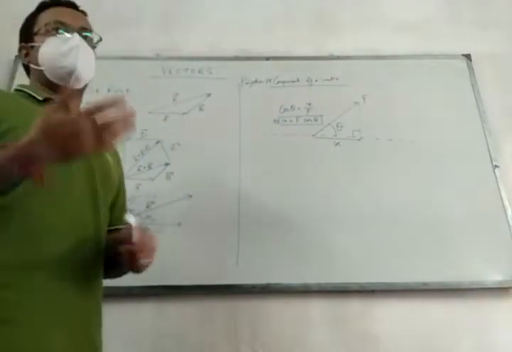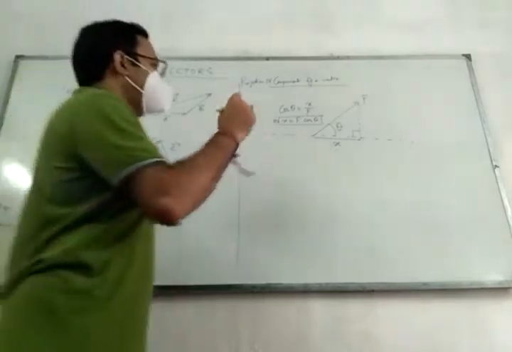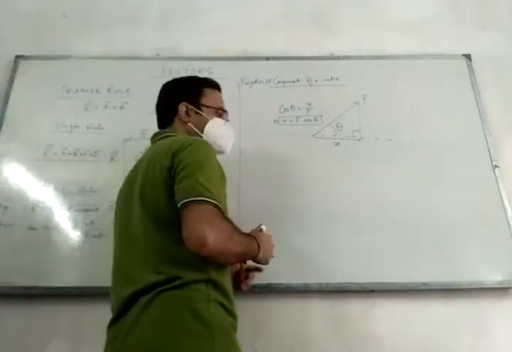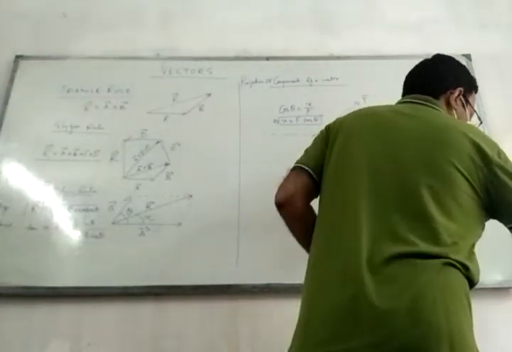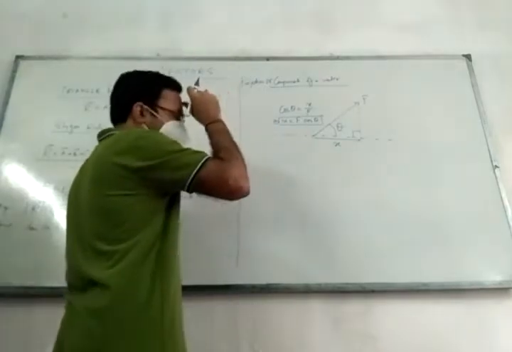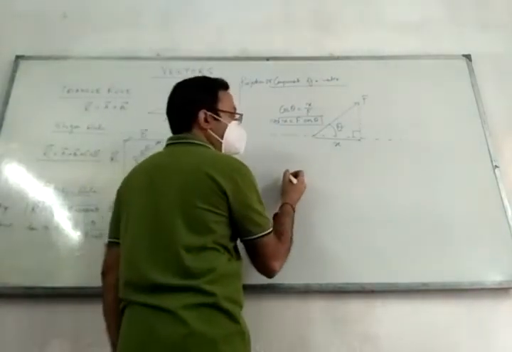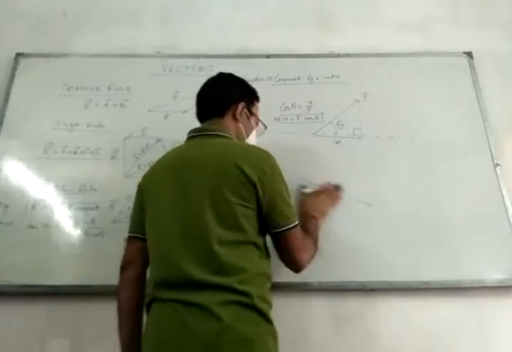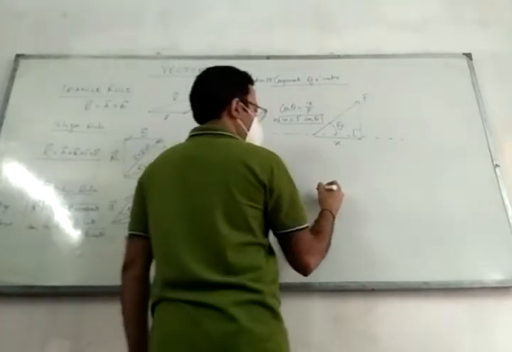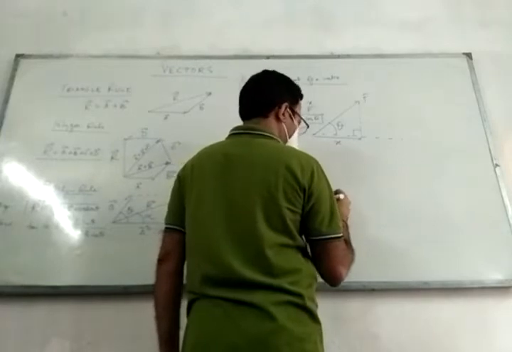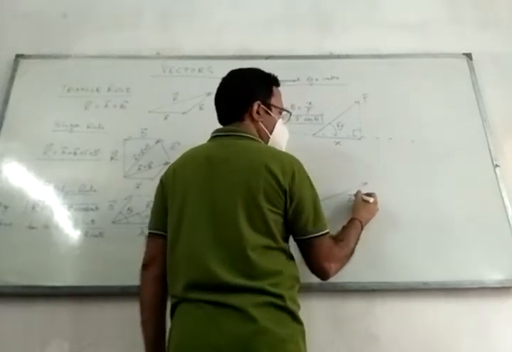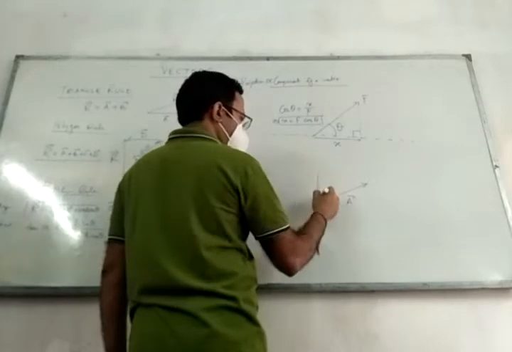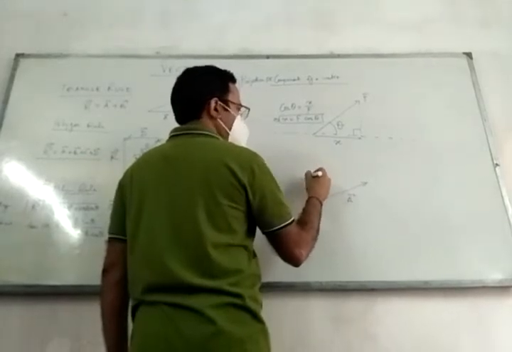So if it is given that there are two vectors, instead of a direction, if they give you one vector, say vector A is along this direction, and there is another vector B along this direction.